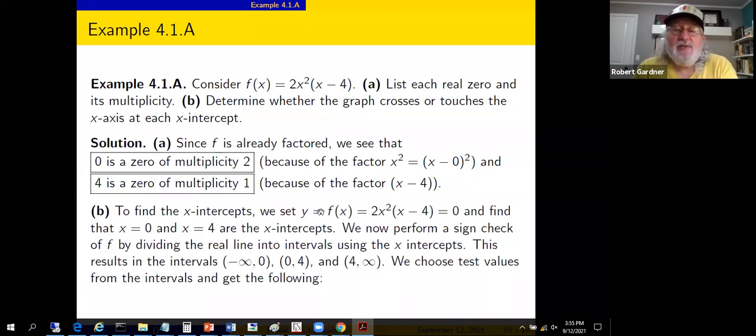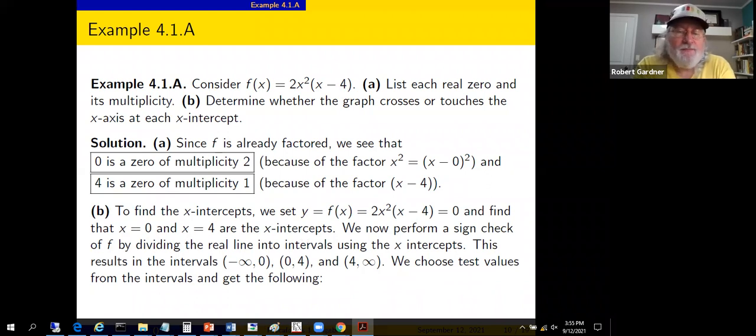To find the x-intercepts as points, we'll set y equals f of x equals 2x squared times x minus 4. Set the function equal to 0. We've dealt with that upstairs. We find x equals 0 and y equals 0 because they're x-intercepts, and x equals 4. Expressing them, I guess, not as points, but simply as x values. Of course, the corresponding y value is 0.